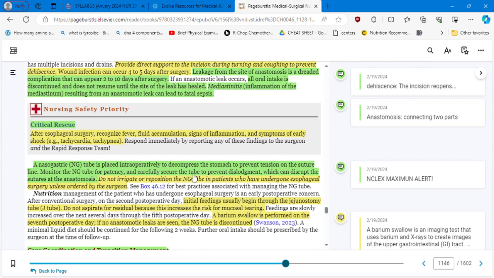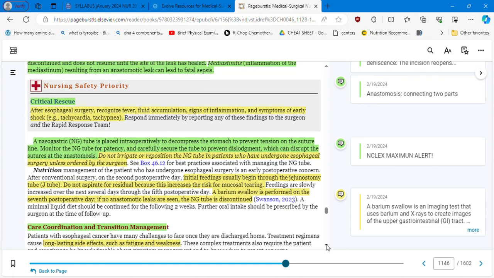And this is NCLEX maximum alert. In a select all that apply question, they are going to put do not irrigate or reposition the NG tube, and you don't select that one, right?